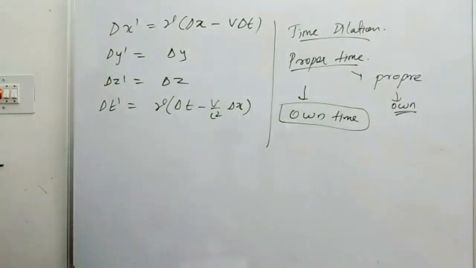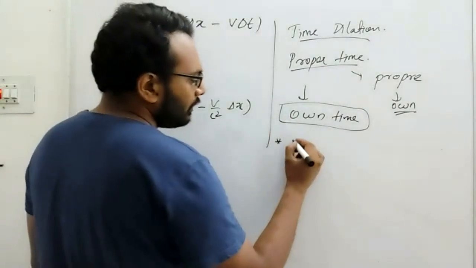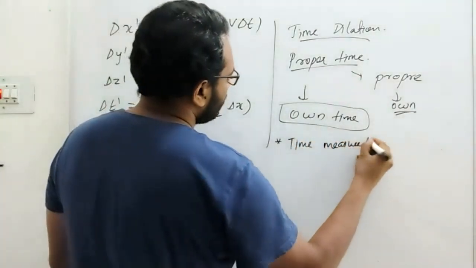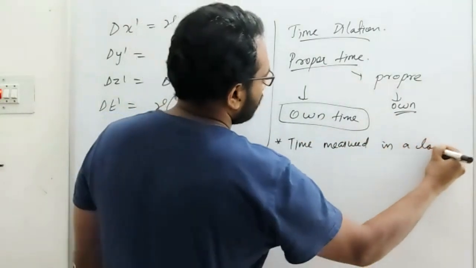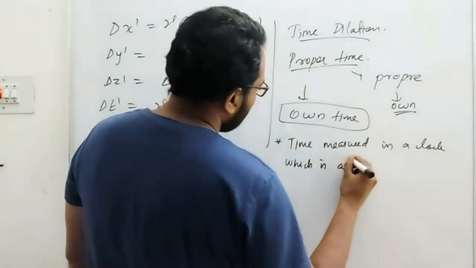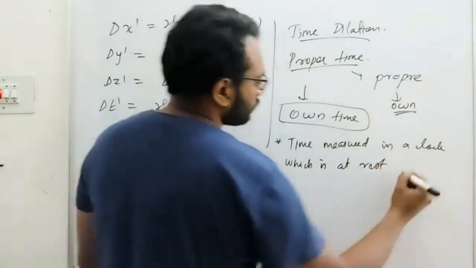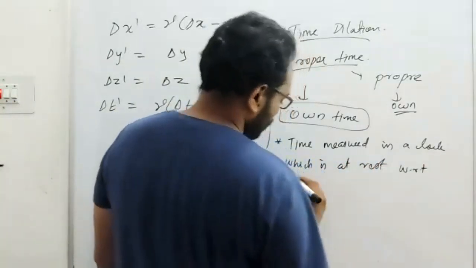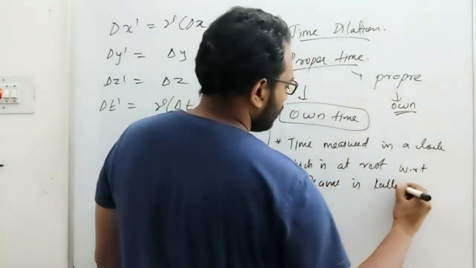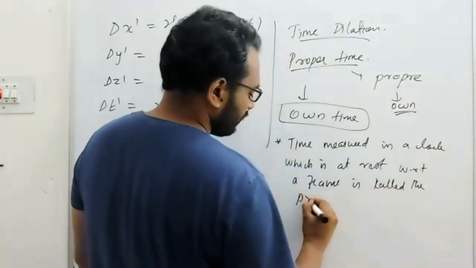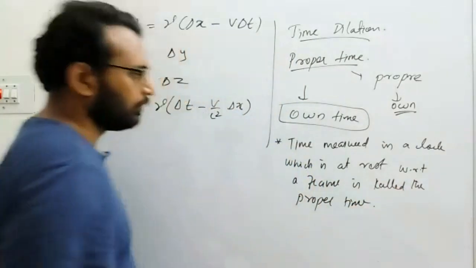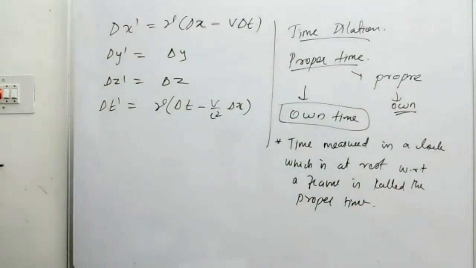So what does that mean? If you take a frame, the time measured in a clock which is at rest with respect to that frame is called the proper time of that frame, or the proper time associated with that frame, or simply proper time. So what's the proper time?